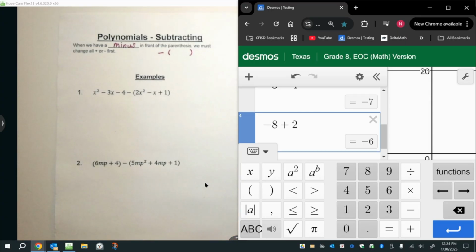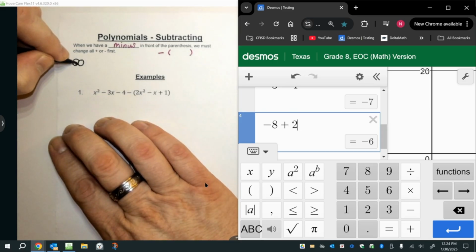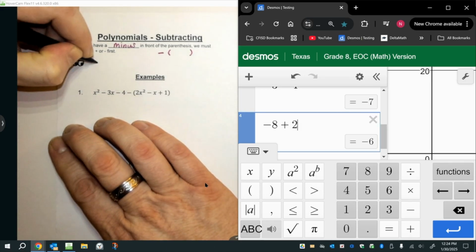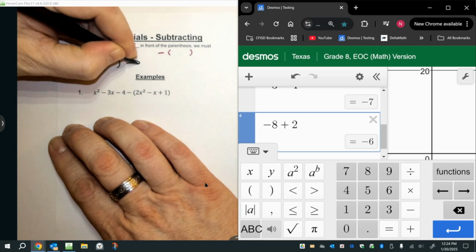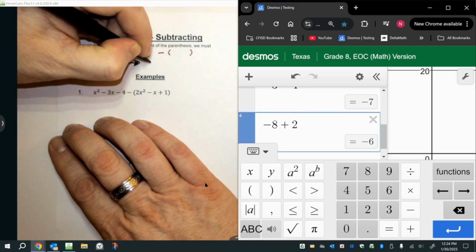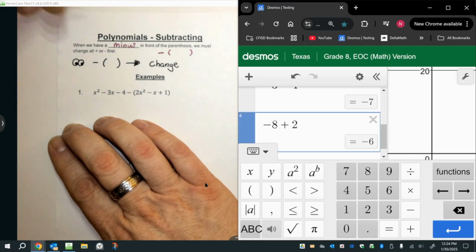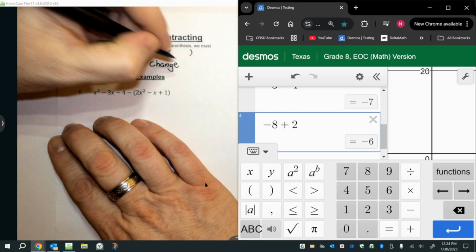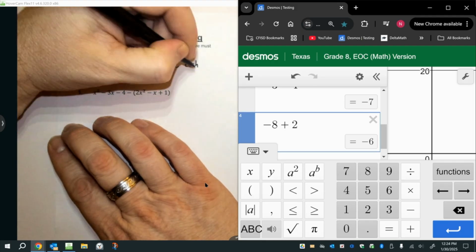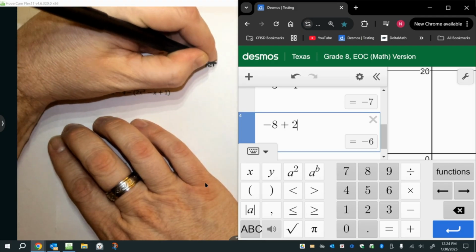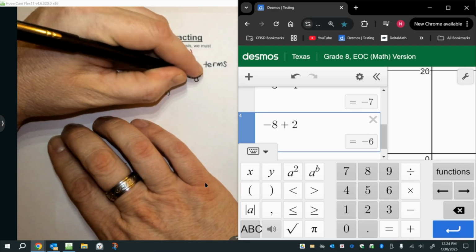So in other words, if I see a minus in front of the parentheses, that's going to tell me to change each term's signs.